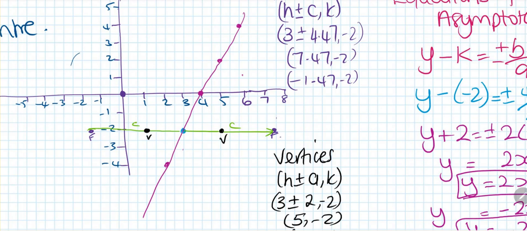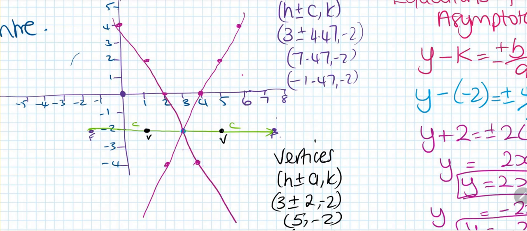The second one goes the other way: across 1 and up 2, across 1 and up 2, across 1 and up 2, and from here across 1 and down 2. And we can draw the asymptote here.